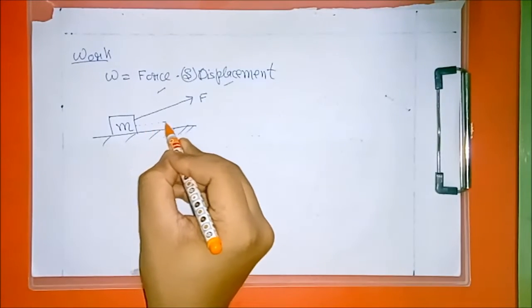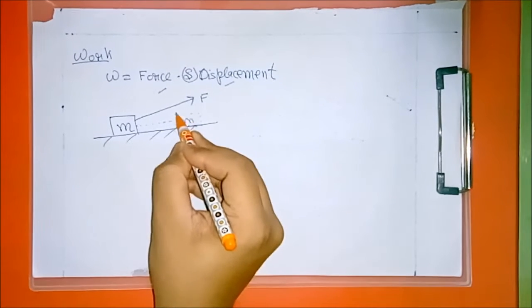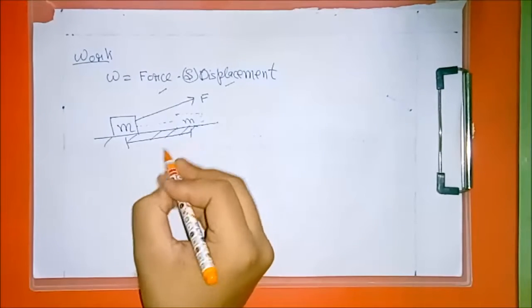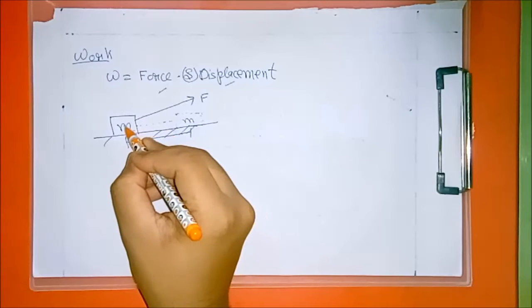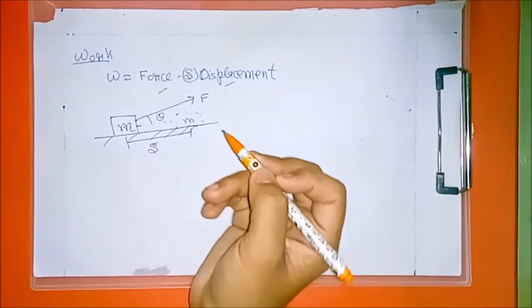Due to this force there is a displacement of the block to some random position whose distance from the starting point is supposed to be s, that is the displacement, and the angle between these two is supposed to be theta.